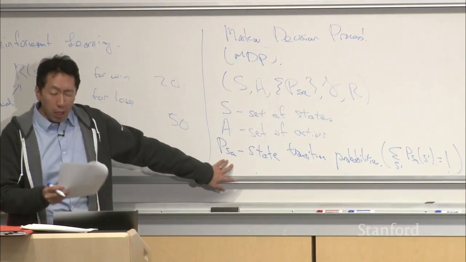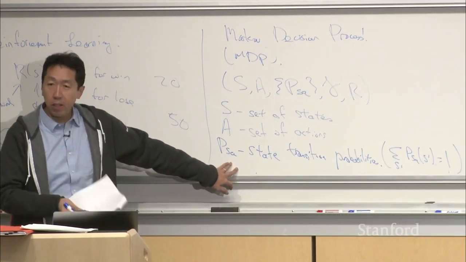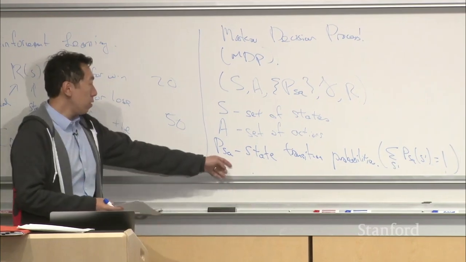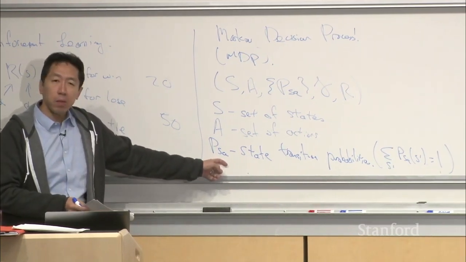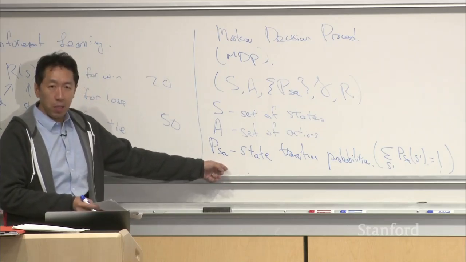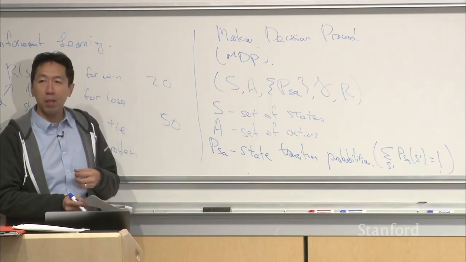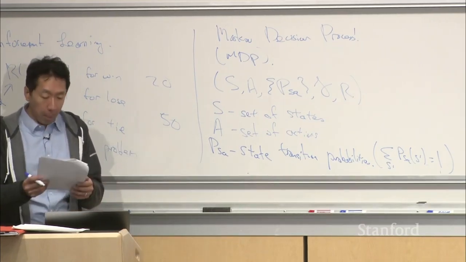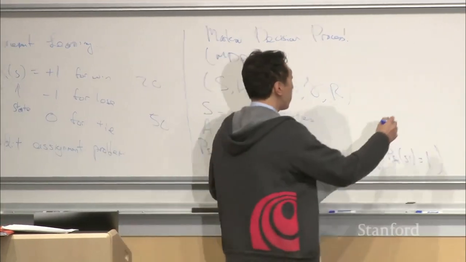P subscript SA is the state transition probabilities. We'll see later that these tell you, if you take a certain action A in a certain state S, what's the chance of you ending up at a particular different state S prime.